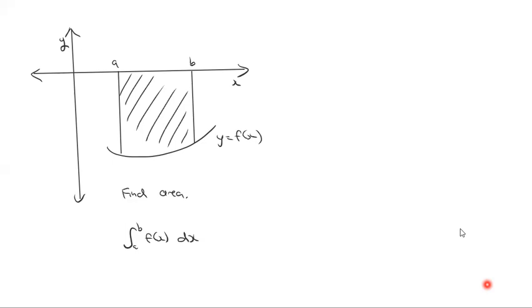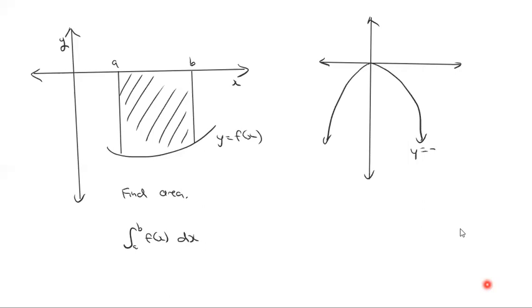So let me give you an example. Let's say that we've got negative x squared, and let's say I've got from 0 to 1, keeping the numbers simple.